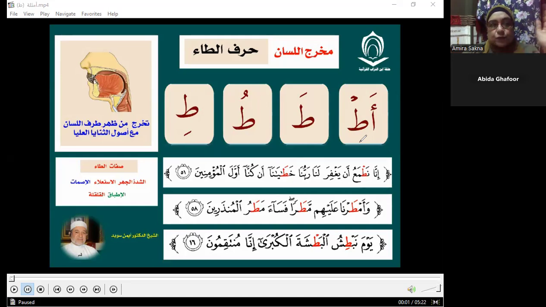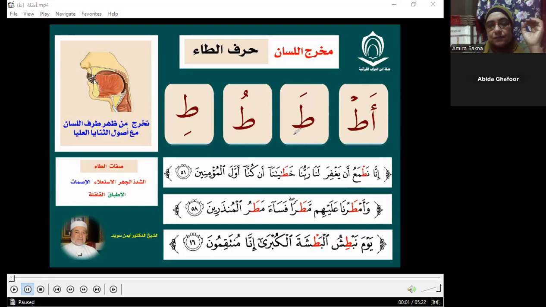The lips are moved with the fa, ba, mim, waw, and dhamma only. I close the articulation point and then I open it with a degree of force. So I allow the sound which was wrapped behind the articulation point to pass through with a degree of force, which will cause qalqala.